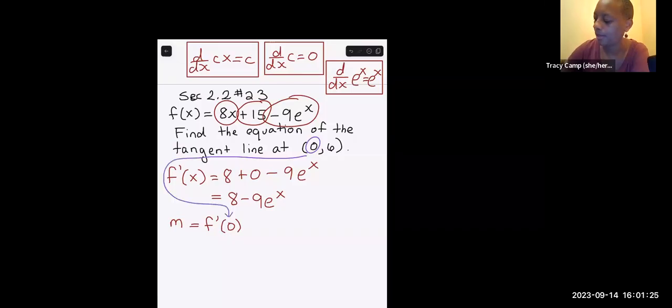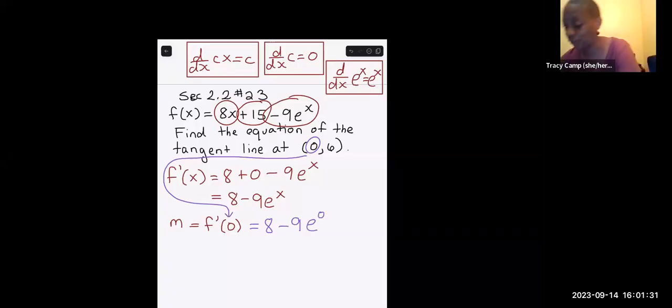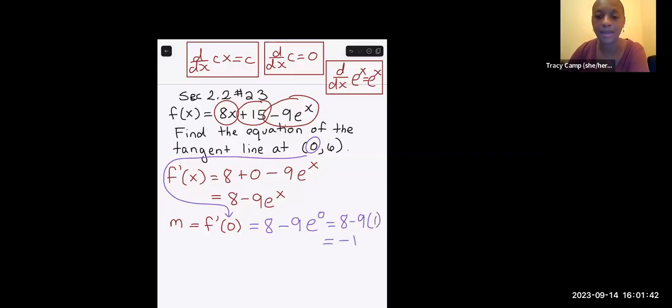So I'm going to plug in 0 for x, and I end up with 8 minus 9 e raised to the power of 0, which is just 1. So this is 8 minus 9 times 1, or in other words, 8 minus 9, which is negative 1. So this right here is my slope. My m is negative 1.